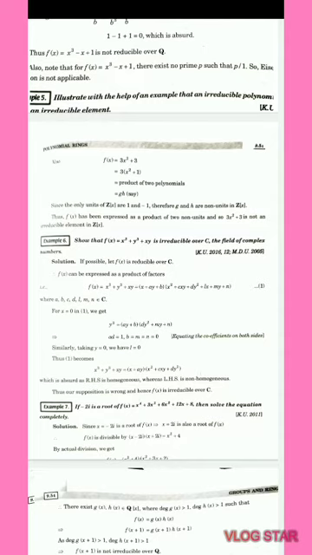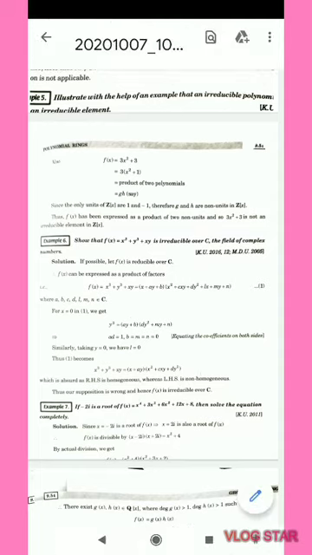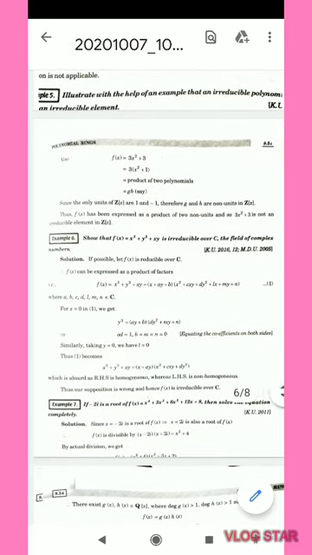Now, this f(x) = 3x² + 3 is equal to 3(x² + 1). So that is the product of two polynomials, g times h, where g is 3 and h is x² + 1. Since the only units of Z[x] are 1 and -1, g and h are non-units in Z[x].